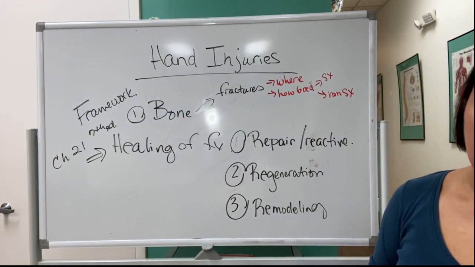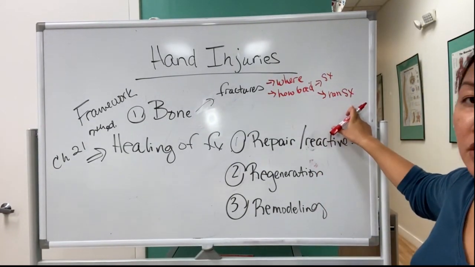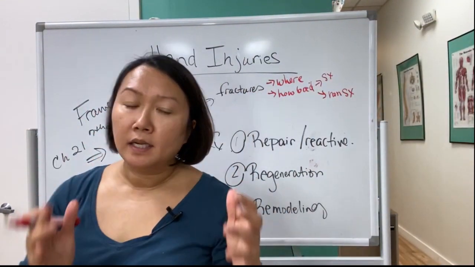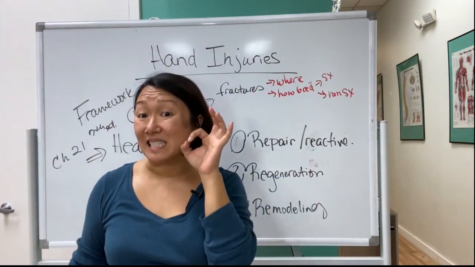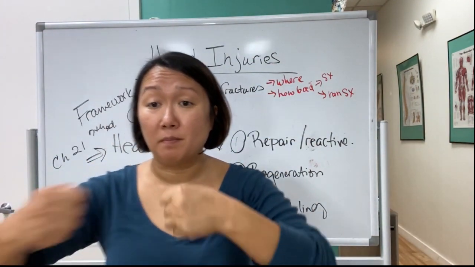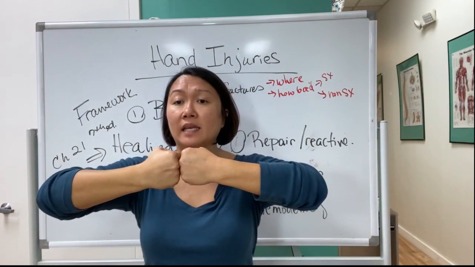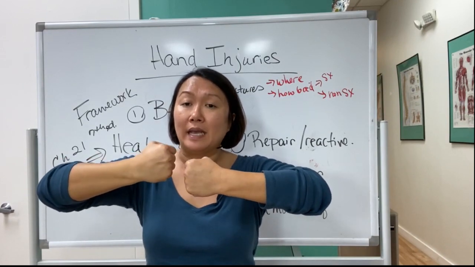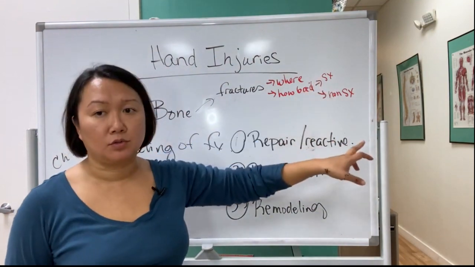If they broke something but didn't need surgery, it might mean that it was not displaced enough. When a bone breaks, it separates. How badly it separates, or how angled it is displaced, will determine whether it's surgical or non-surgical.